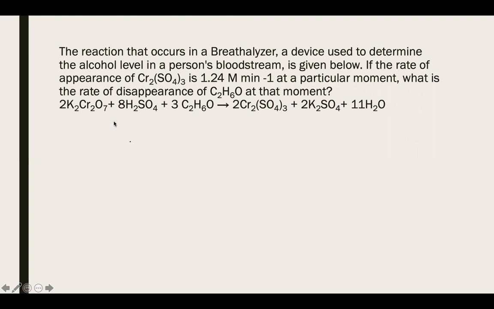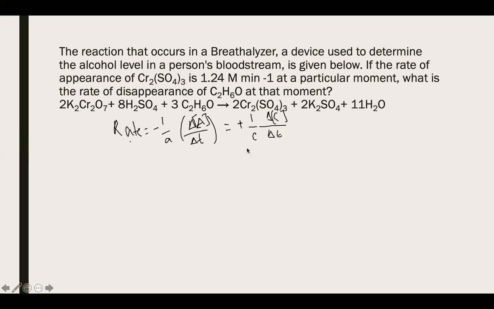If you remember from the first problem that we did, rate equals negative 1 over A times delta concentration of A over delta t, and equals the rate of appearance of a product, positive 1 over C times delta concentration of C over delta t. So we can use this relationship again and figure out our overall rate and then plug that back in, just like how we did for the first one here.